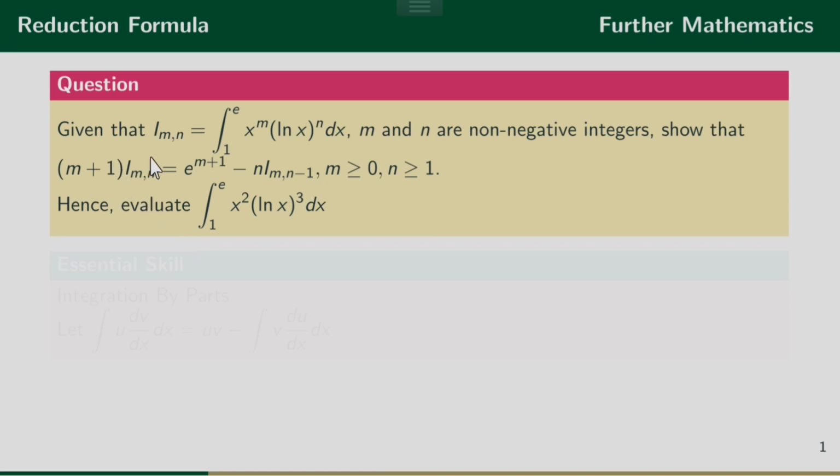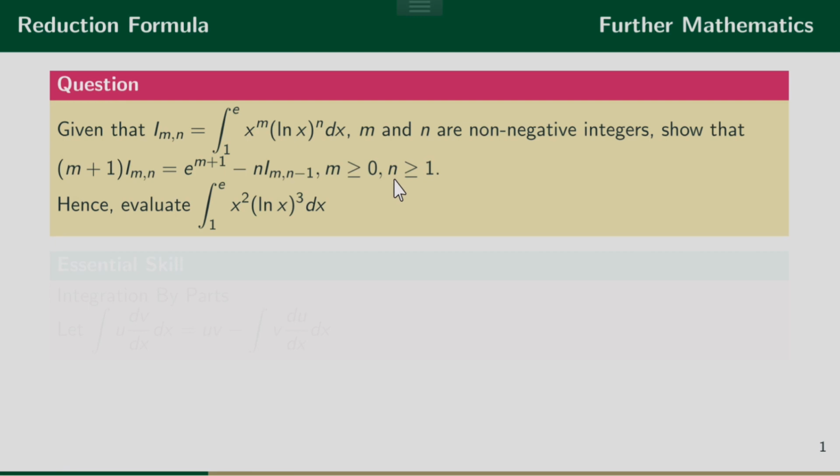Given that I_{m,n} is the integral from 1 to e of x raised to the power m, ln x raised to the power n dx, m and n are non-negative integers. Show that (m+1) multiplied by I_{m,n} is equal to e raised to the power m+1 minus n I_{m,n-1}, where m is greater or equal to 0, n greater or equal to 1.